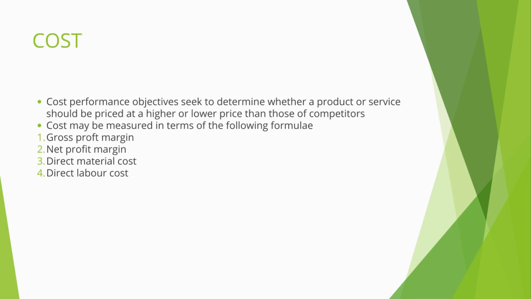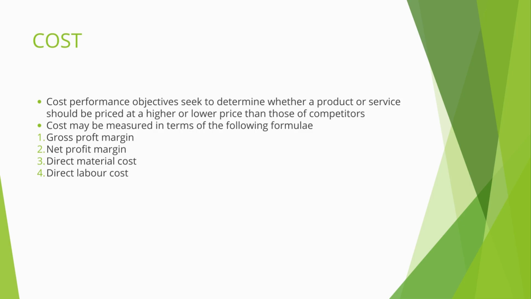So the next objective is cost. So cost is an important factor for companies which compete directly on rates. So the minimization of cost is important so that resources can be spared to grow other areas of the business. So cost performance objectives seek to determine whether a product or service should be priced at a higher or lower price than those of competitors.